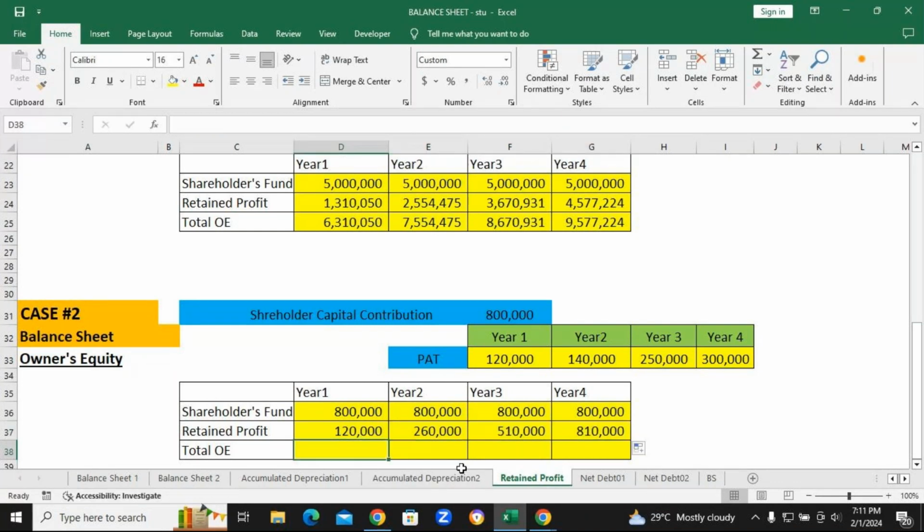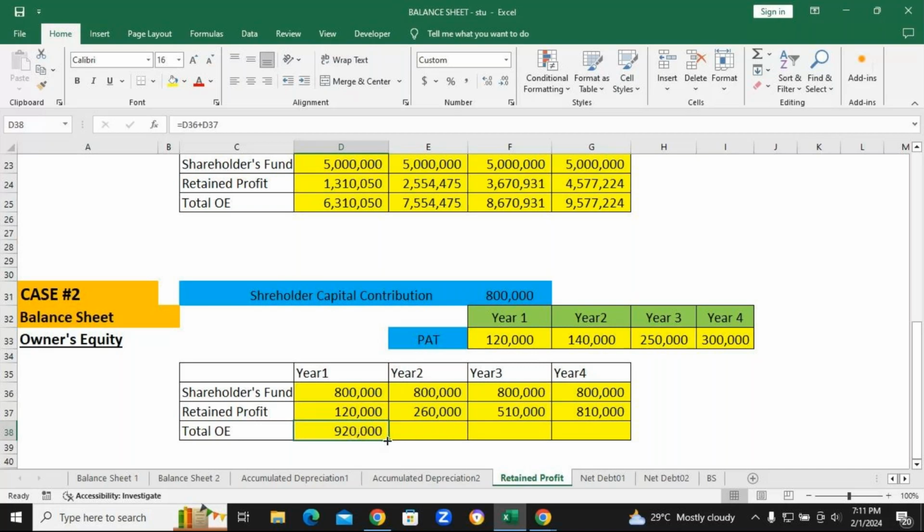Now equals shareholders fund plus the retained profit. So the calculation is done. Hope you people also got the same answer. Let's go to the next one, net debt.